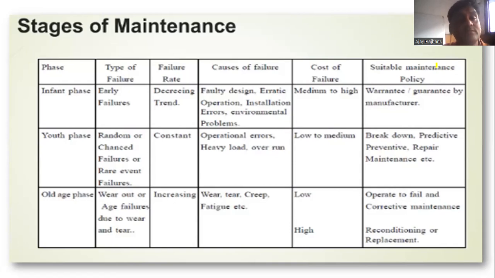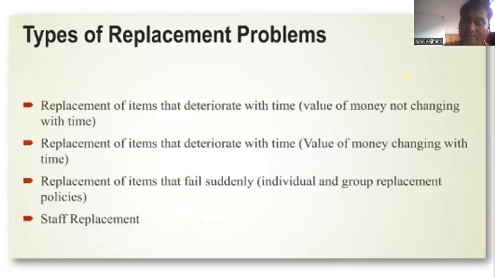Early failure types decrease over time. These are some of the stages of maintenance. As for types of replacement problems, the replacement of items that deteriorate with time: the items which deteriorate over a particular period of time, that is called the replacement of those items.